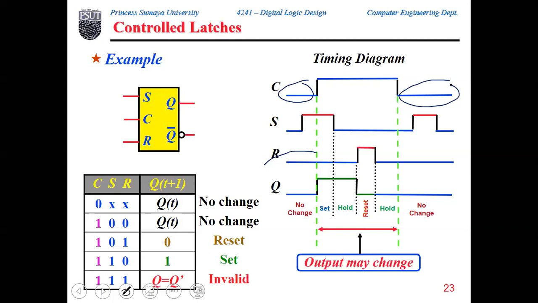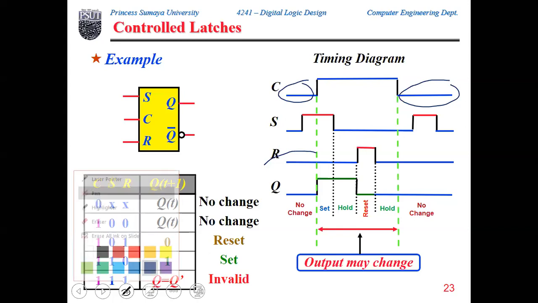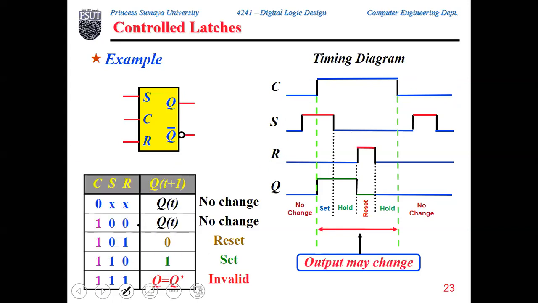Even if S and R change millions of times, they will not affect the stored value. So as you see, this is much easier to work with because we only need to look at S and R during this time only.